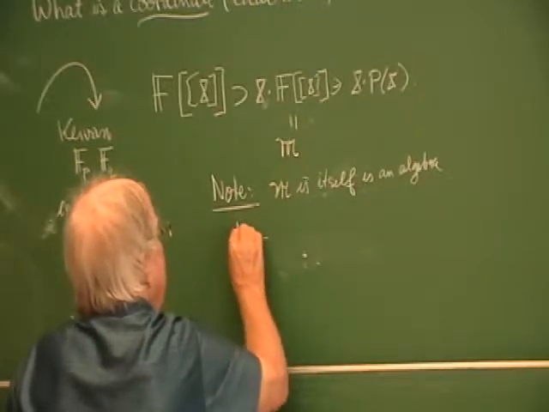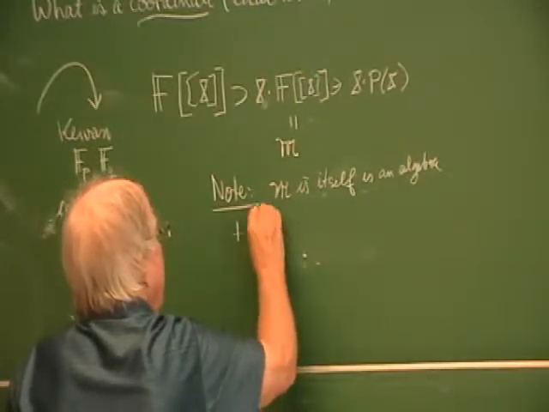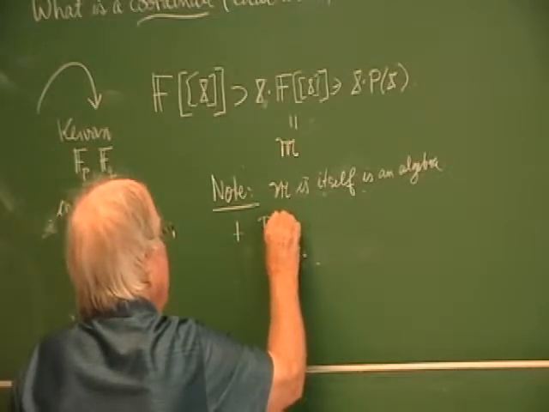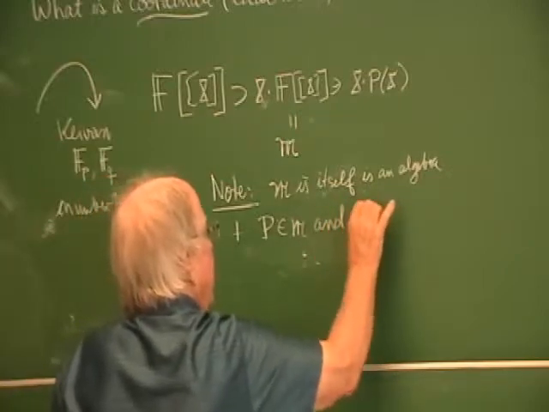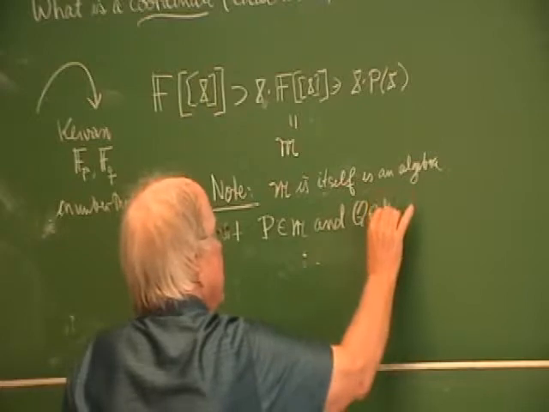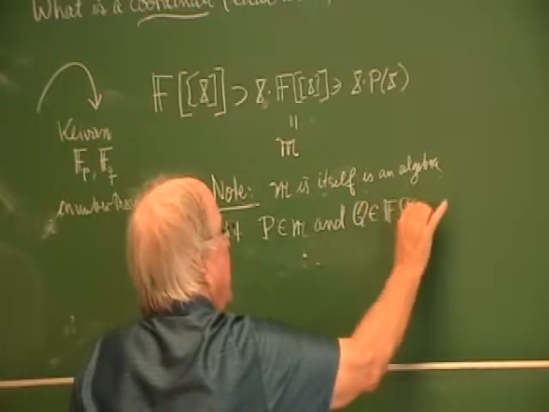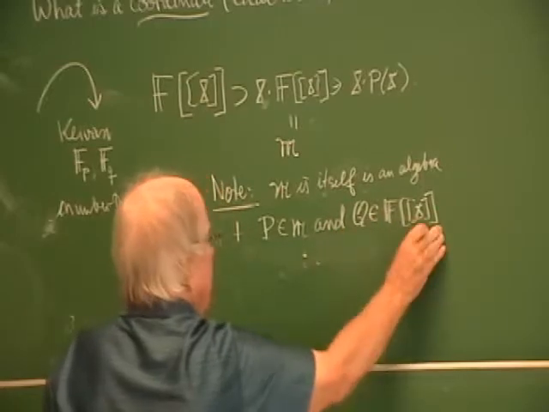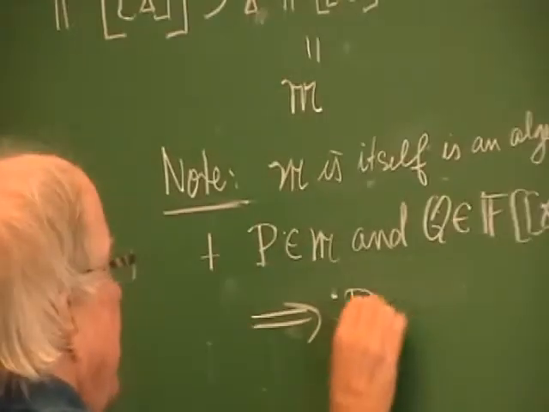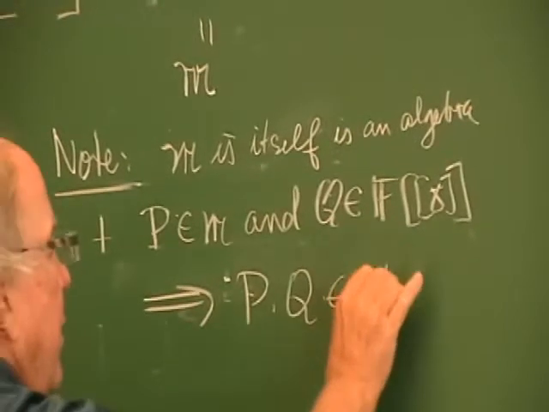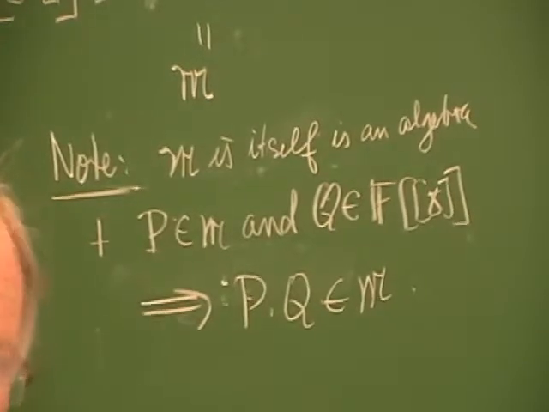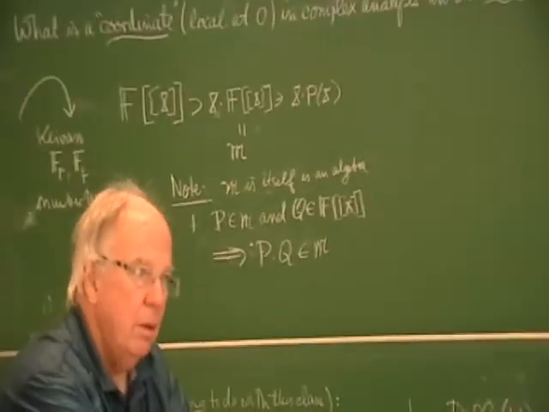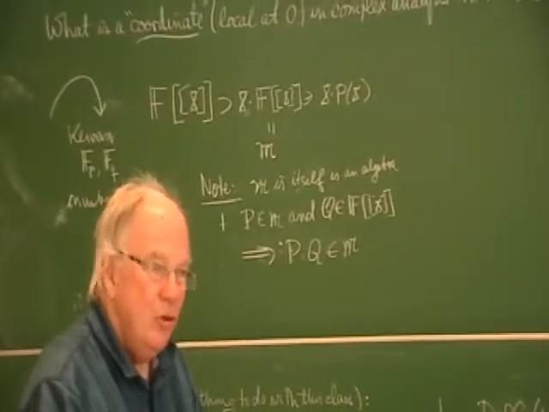And plus, if you take anything P in M, and Q, anything in this formal power series, then P times Q is again in M. That's a good property of that thing. You have to think of it this way: you hit it from outside and you still stay in it. Okay? You know stuff like that.